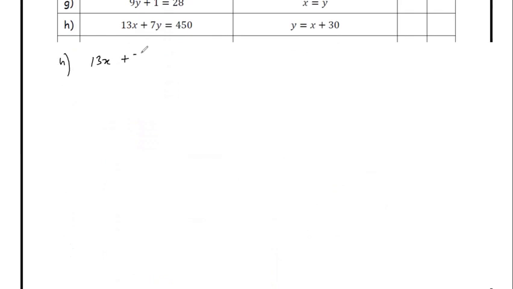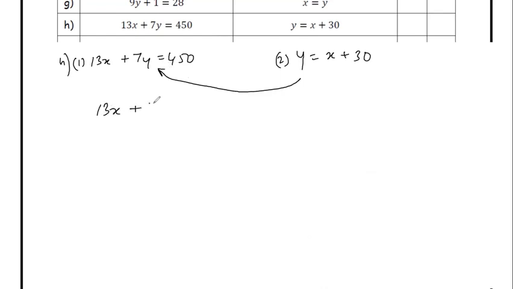13x plus 7y is equal to 450. y is equal to x plus 30. So I'll use substitution method, right? So I'm going to simply substitute the value of y in the first equation.